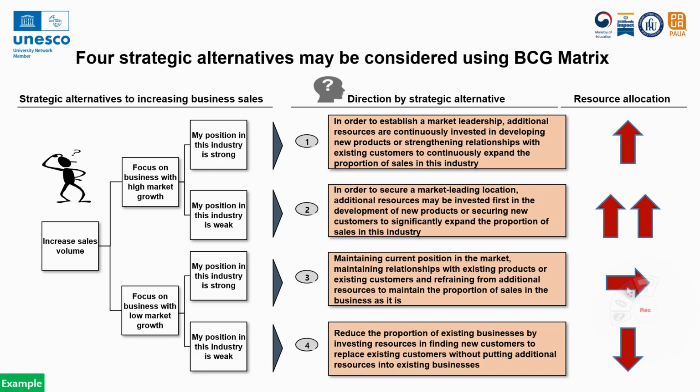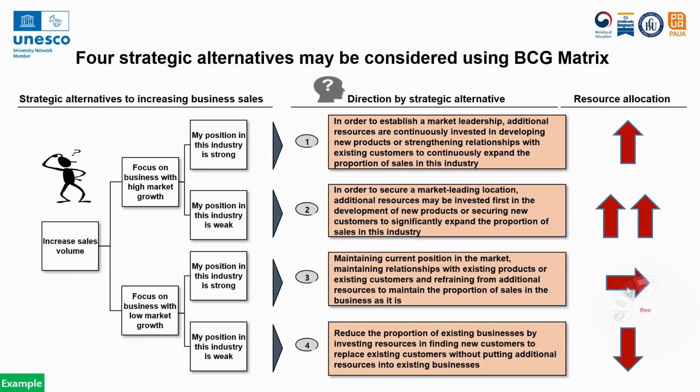And finally, in the area of the dog business sector, where market growth is expected to be low and at the same time my position in that industry is weak, we may choose the strategic option of reducing the proportion of existing businesses by investing resources in finding new customers to replace existing customers, without putting additional resources into existing businesses.